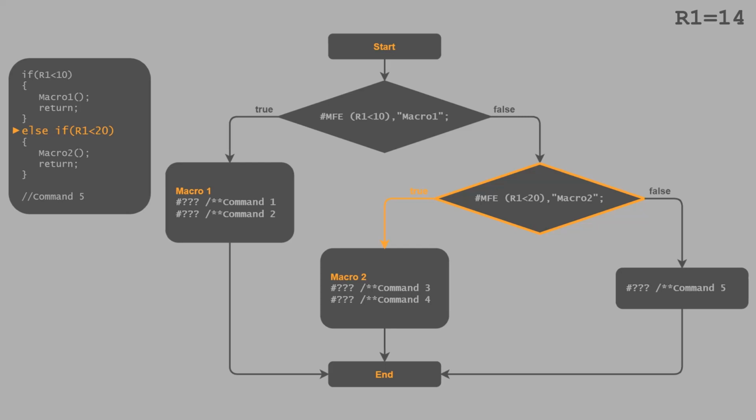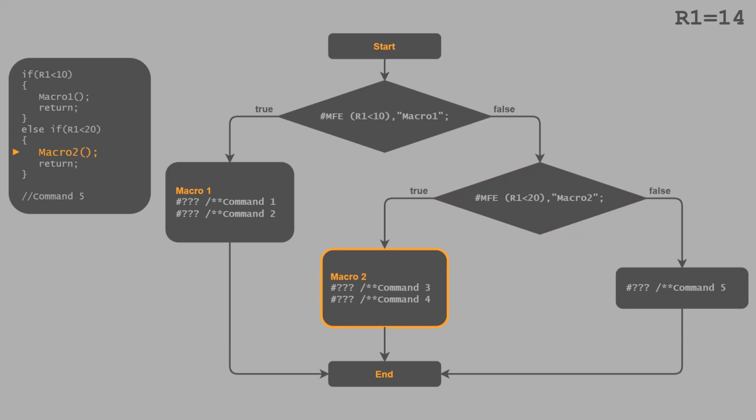The register value R1 is smaller than 20, and the condition is therefore fulfilled. Therefore, macro2 is now called, and all included commands are processed. In this case, the command 5, which is at the end of the macro file, will not be executed anymore.